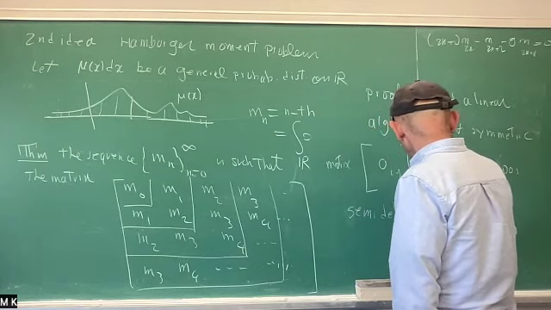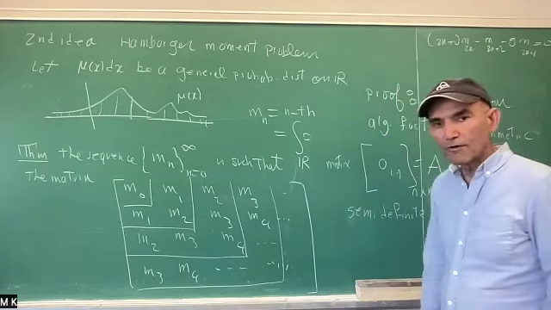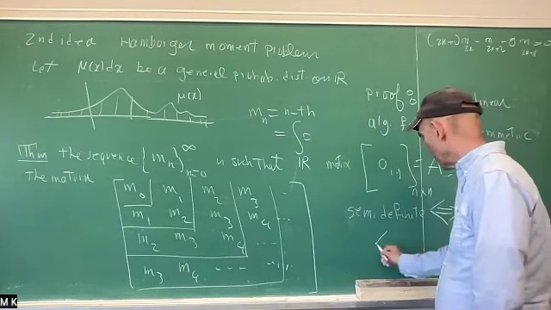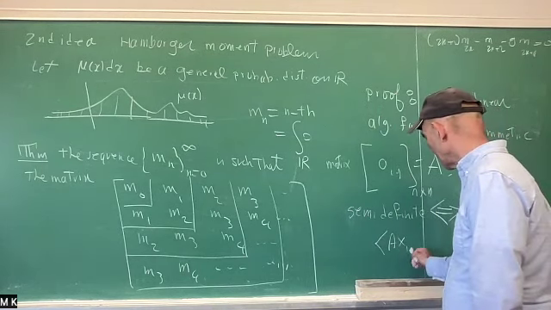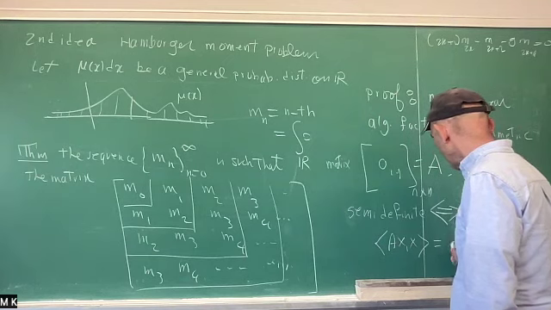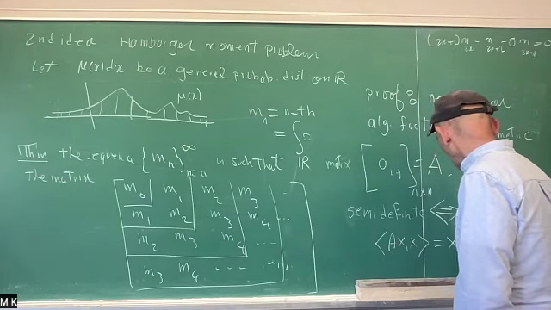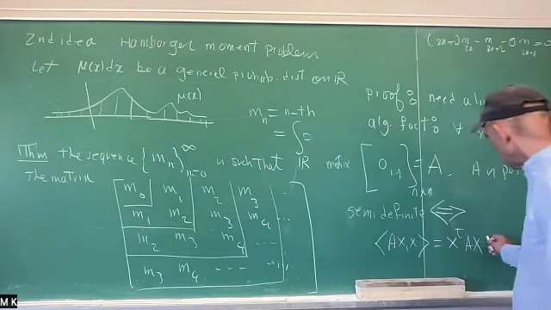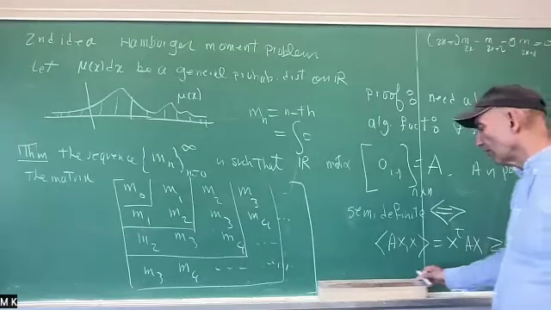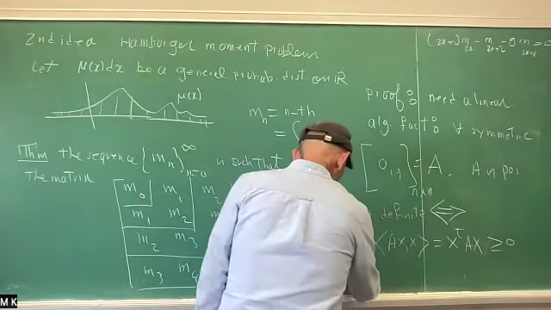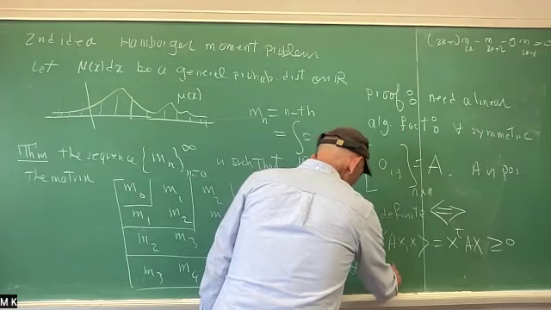If and only if the following thing is true: the inner product of Ax and x, which is basically x transpose Ax, is bigger than or equal to 0 for all vectors x belonging to R^n.